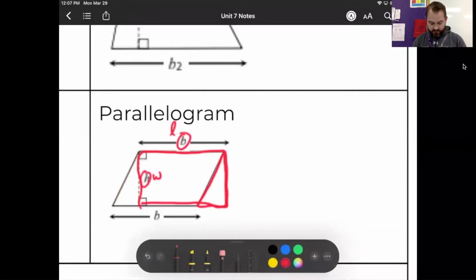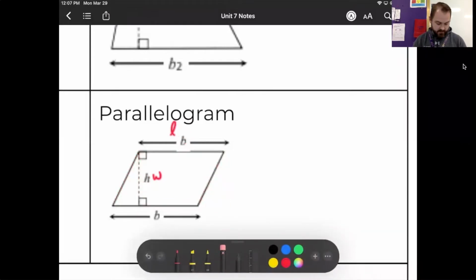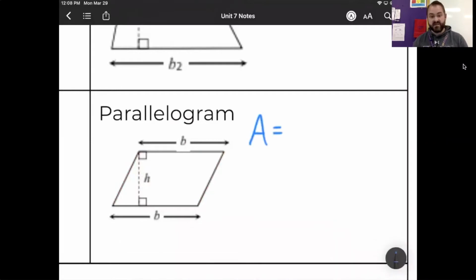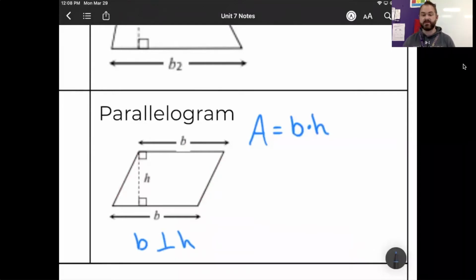So the formula for area of a parallelogram, instead of length times width, it's just base times height. And base and height, again, in any of these figures, if I'm giving you a base measurement and a height measurement, they are always perpendicular. Base is always perpendicular to height.